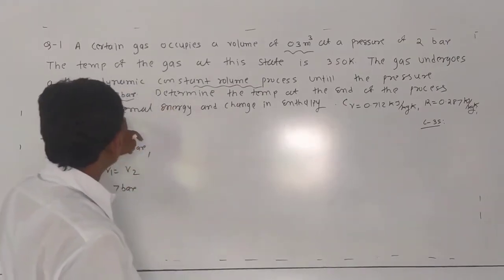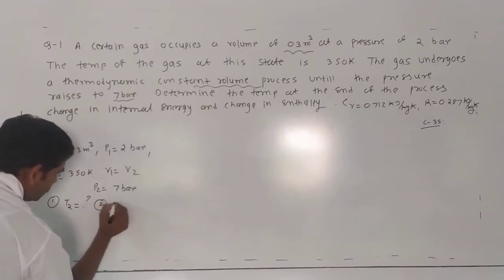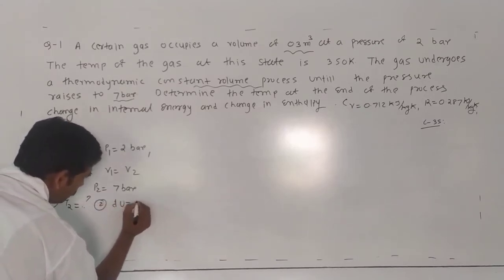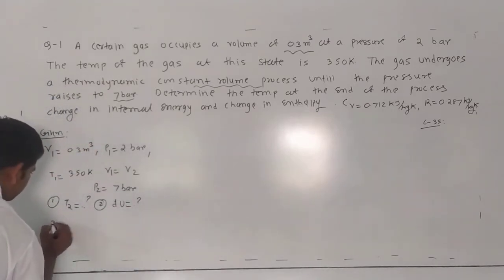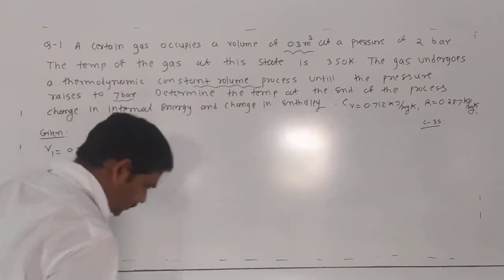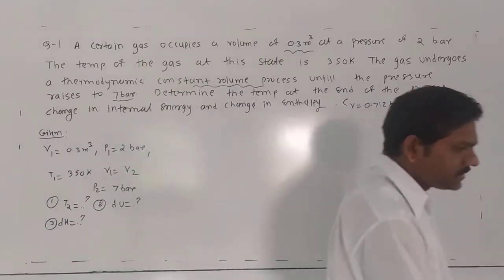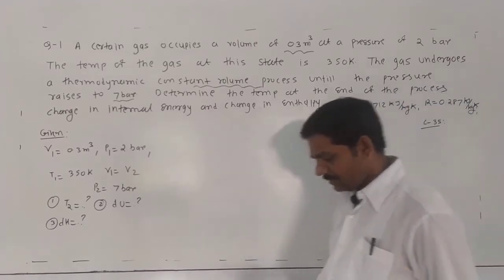Another is the change in internal energy, so second we determine dU. Third is the change in enthalpy, dH. So, these are the three parameters asked in the problem. Let us start this problem.